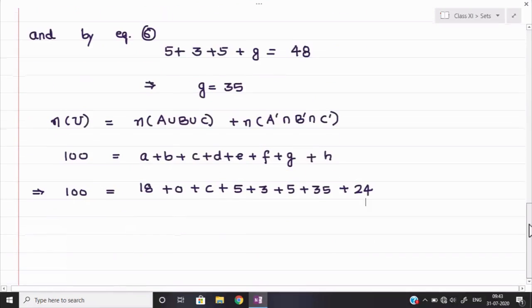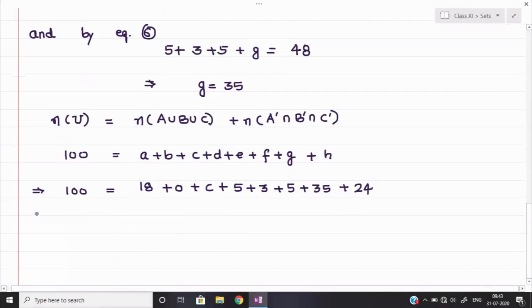Yes. Now let us simplify this so we get the value of C. So 100 is equal to 18 plus 5 is 23, 26, 26 plus 5 is 31. Now we have to add 31, then 35 and then 24.